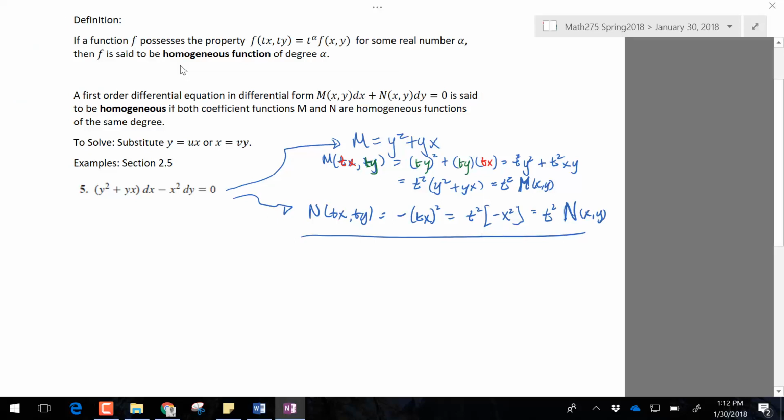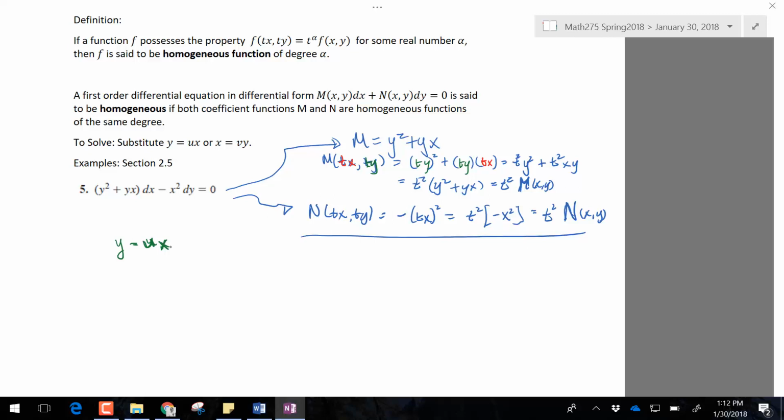Okay, now let's make the substitution. Let's let y equal u times x. So I can clearly see where there's a y there. I can just replace the y. But there's one more thing that I need to replace here.